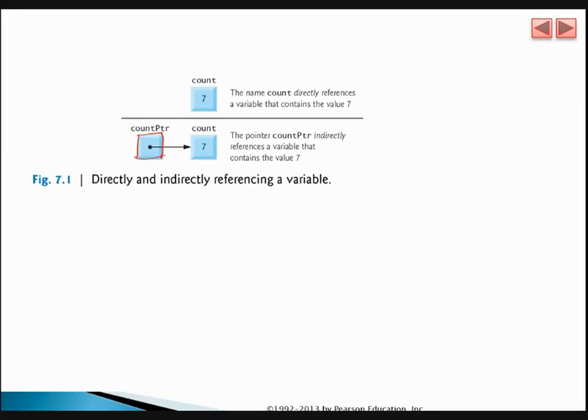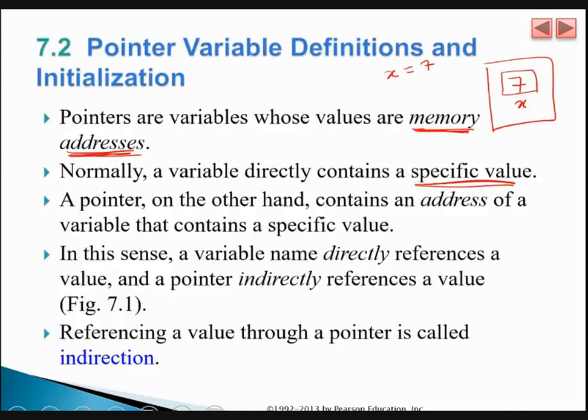So what will get stored at this location? The memory address of count will get stored in count pointer. Count pointer is actually pointing to this memory location, and therefore it is written that a pointer indirectly references a value, whereas a normal variable directly references a value.